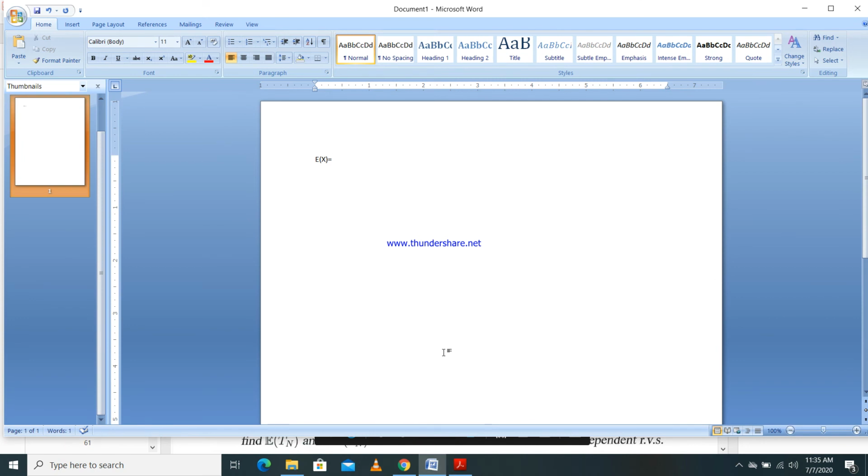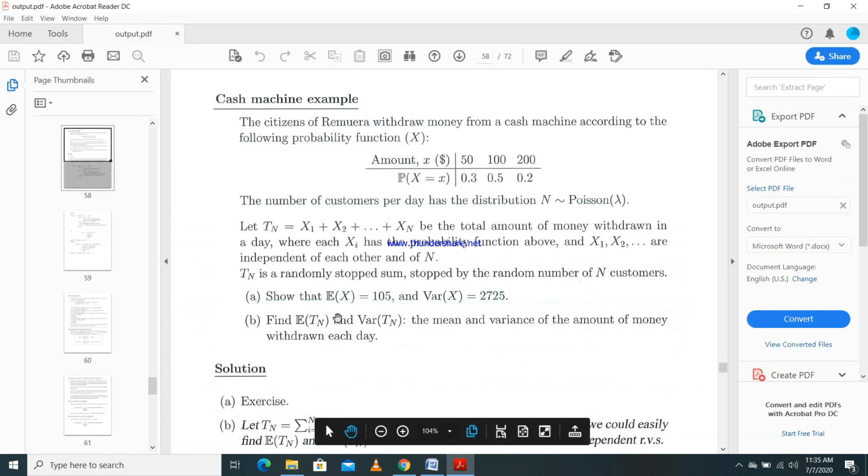That is, you have to multiply 50 by 0.3 plus 100 by 0.5 plus 200 by 0.2. So if you simplify, you will see this is equal to 105. So that is the first thing you are asked to show. The expected value of x is equal to 105.